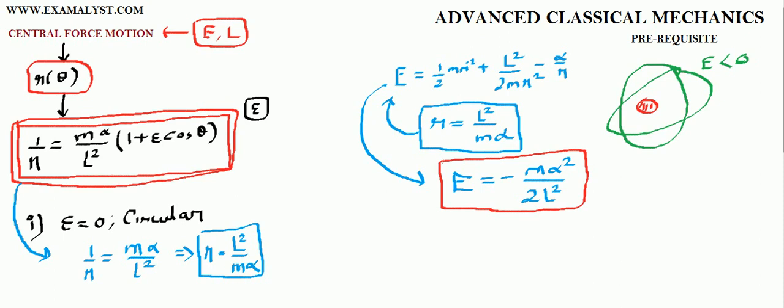The very fact that energy is negative directly states that we are going to have a bound state. By bound state, I mean the planet will have either an elliptical or circular orbit, and it will be bound to the sun forever, like our solar system. All the planets are bound to the sun because their energy is negative. They rotate in a particular orbit forever and ever. Agreed?